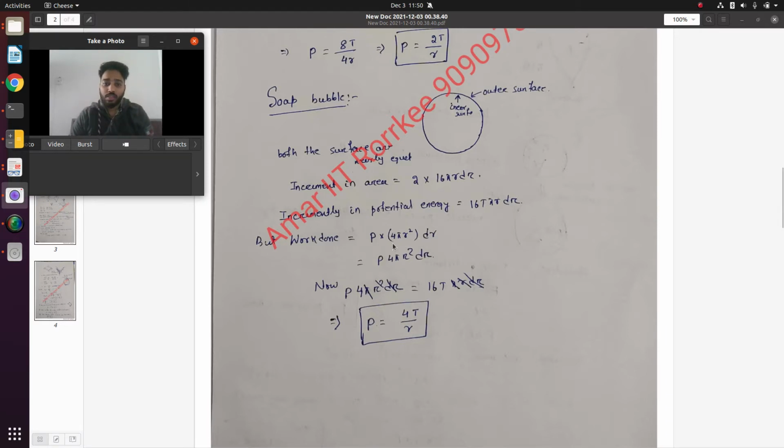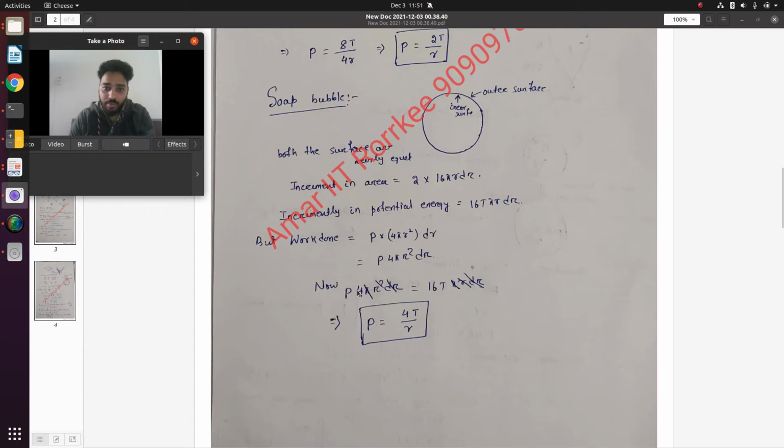The force is the pressure into the surface area 4 pi r square. So the expression of the work done is equal to pressure into 4 pi r square dr. Now by equating this work done with the increment in potential energy, P into 4 pi r square dr is equal to 16 T pi r dr. Now dr is cancelled out, r power 2 is cancelled out, and pi is cancelled out.